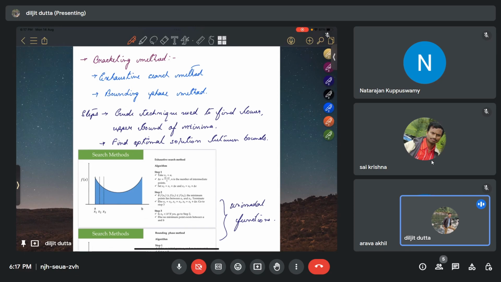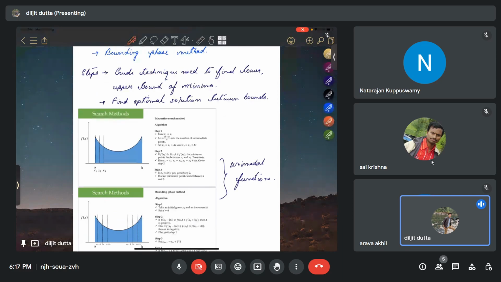In the exhaustive search method, we will initially take one guess. We have two points, a and b, the endpoints of the interval. We take one value as x1, that is x1 equals a. Suppose we divide the interval into n number of intervals.